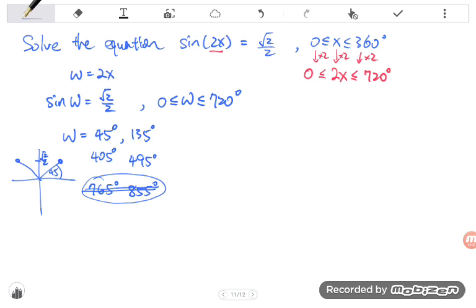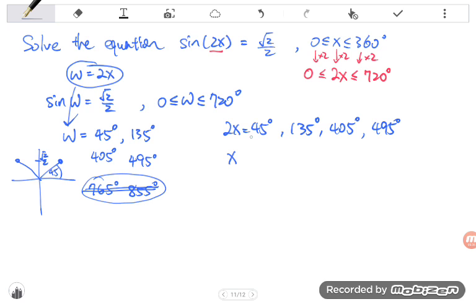Cool. So for now we have 4 solutions for my w, but the equation wants us to find x, not w. So this is when I'm going to substitute the 2x back. So I get 2x is equal to 45 degrees, or 135 degrees, or 405 degrees, or 495 degrees.